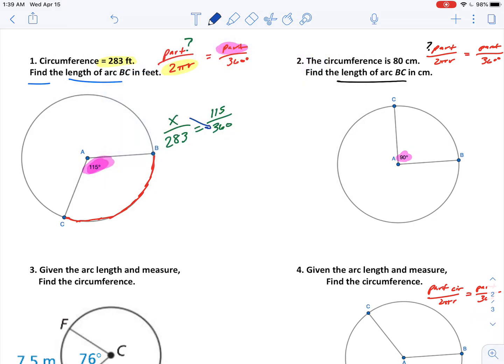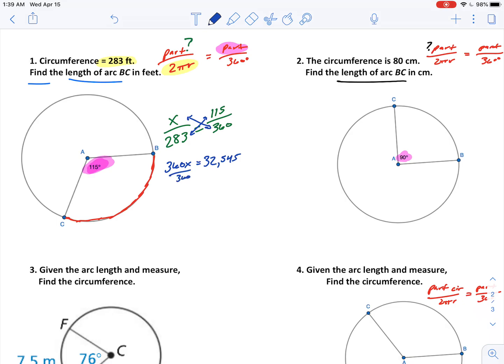So x over, and the circumference they told me was 283, is going to be equal to 115 over 360. And now we can cross multiply. So 360x equals 283 times 115.